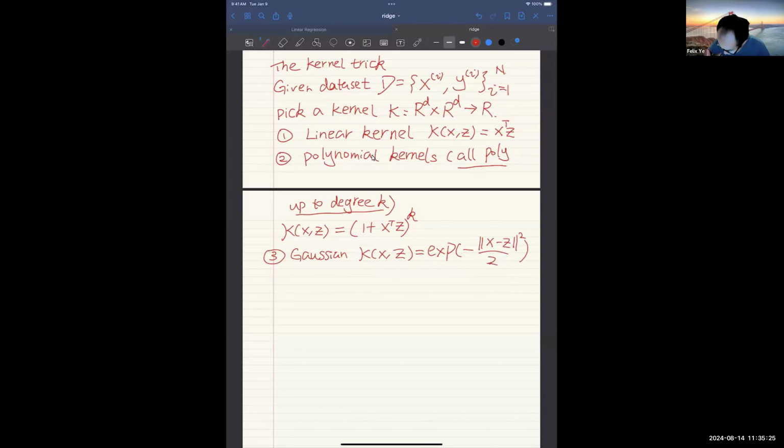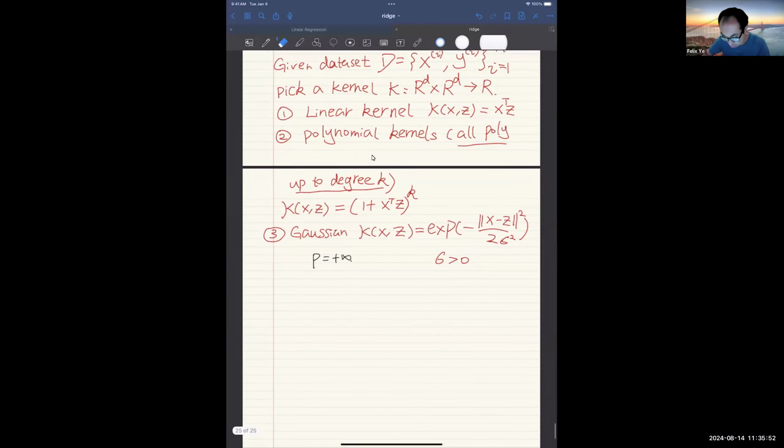Basically, this is a Gaussian distribution. This corresponds to an infinite dimensional feature space. This is quite special: p is actually infinity. There's no way that you can directly work on the phi. So this is something very special here.